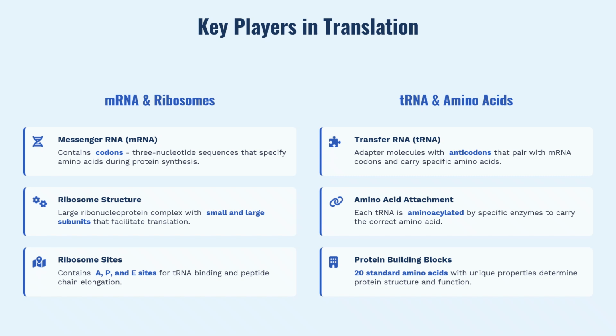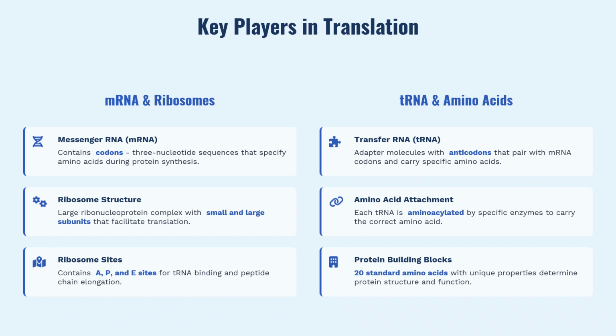Ribosomes are large ribonucleotide complexes that provide the structural framework and catalytic activity for protein synthesis. Transfer RNA molecules act as adapters, each carrying a specific amino acid and containing an anticodon that pairs with complementary mRNA codons.